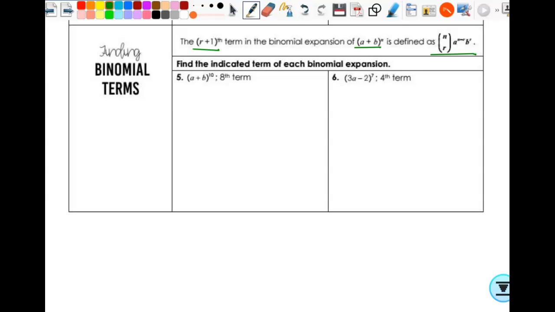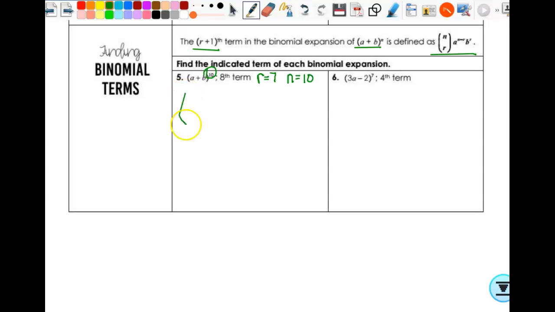So if I'm looking at the 8th term, and this is the r, that means it's the r plus 1th term. So r plus 1 is 8, which means r is actually 7. Okay? So it's the 8th term, but it's the 7th element. And then n is equal to 10 because it's the exponent.